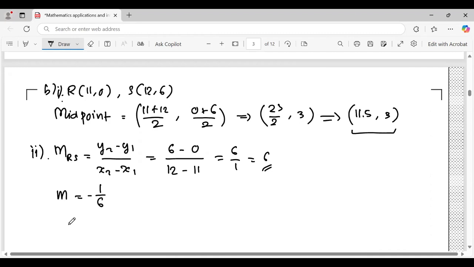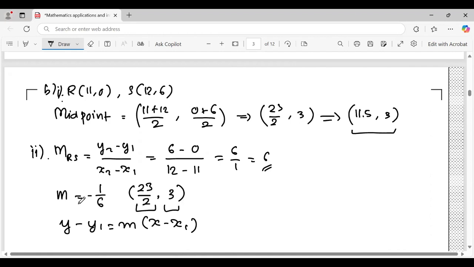The equation of the straight line through (23 over 2, 3) with gradient m equal to minus 1 over 6. We are going to use this formula: this is x1, this is y1, this is m.